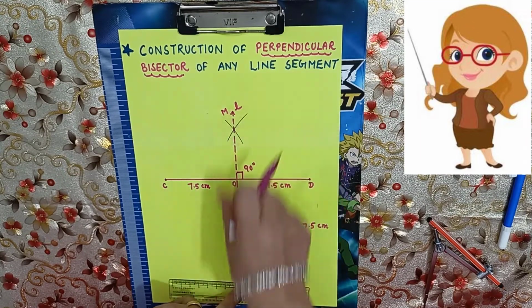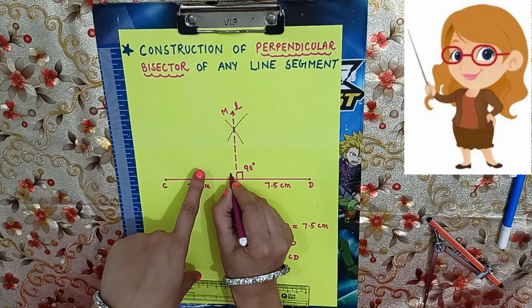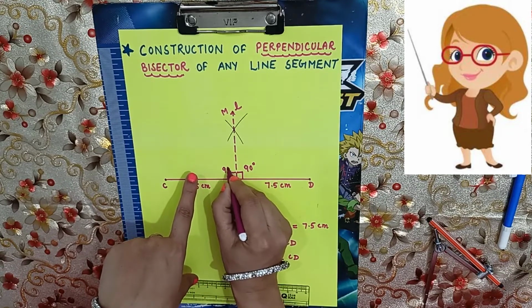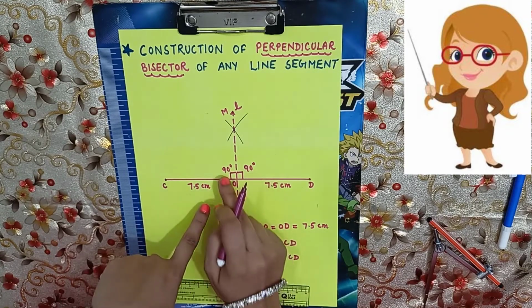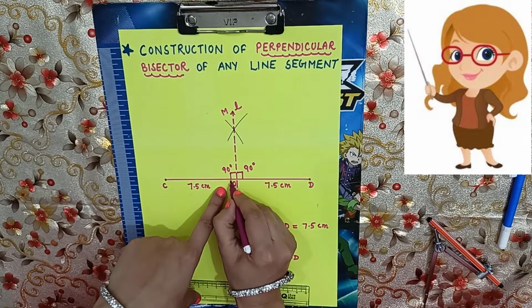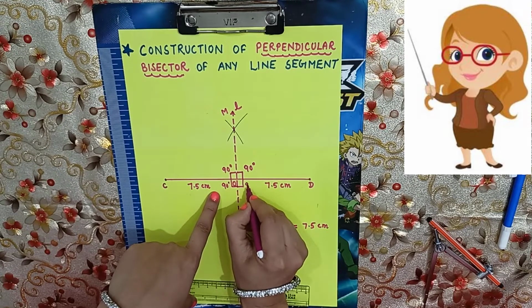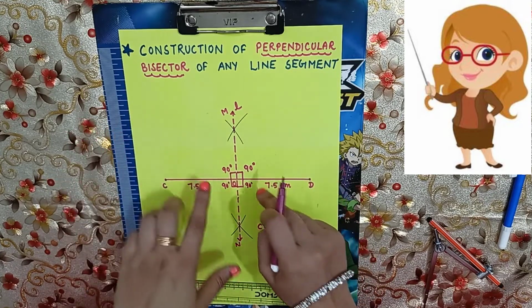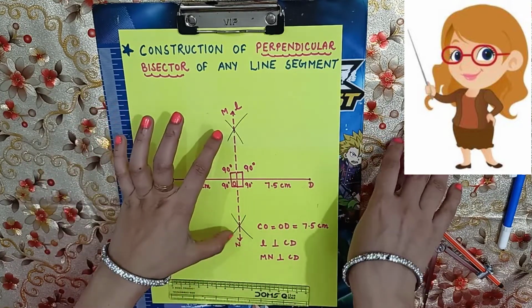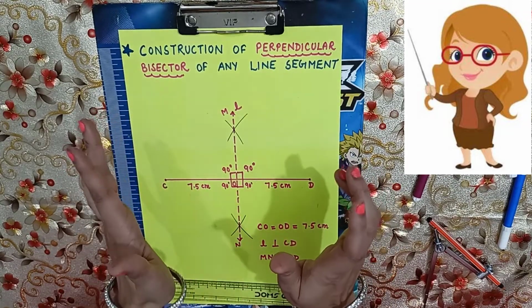CD is perpendicular to MN because it's making an angle of 90 degree on all the sides. Okay, so this is 180 degree, and here when we will just write 90 degree, this is also 90 degree. So this is making a complete angle of 360 degree. So this is the way to draw a perpendicular bisector of any line segment.